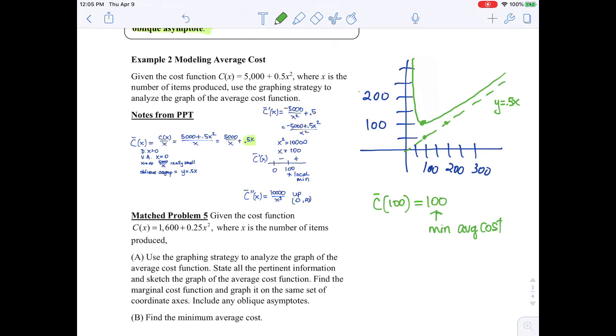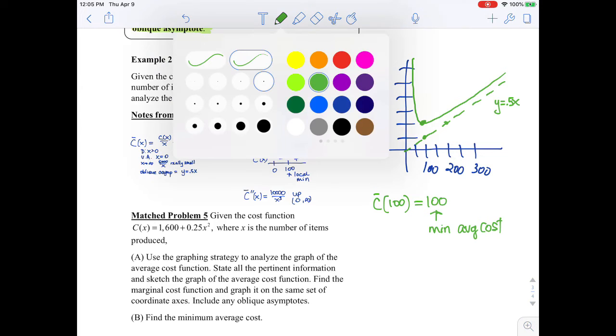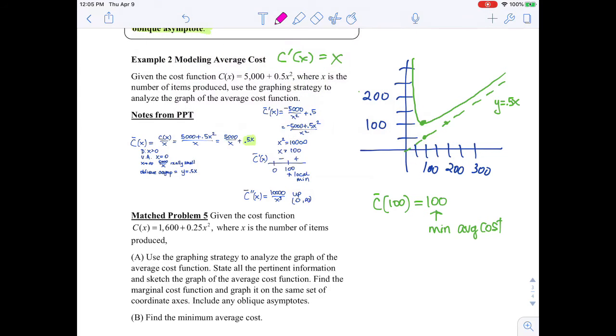And there's one other thing I want to evaluate. Let's evaluate marginal cost. Marginal cost is just taking the first derivative of the cost function, so this would be x.